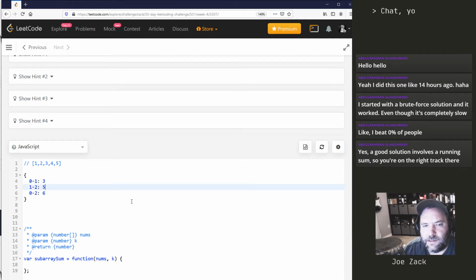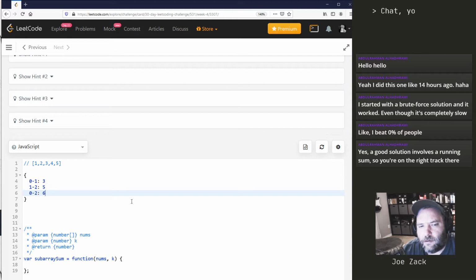So that was 6, and this is 5. And then from here, I could basically add the next number to both of these, which is interesting. Huh. Yeah, I don't hate this so far.